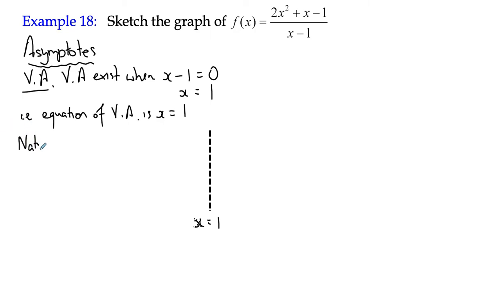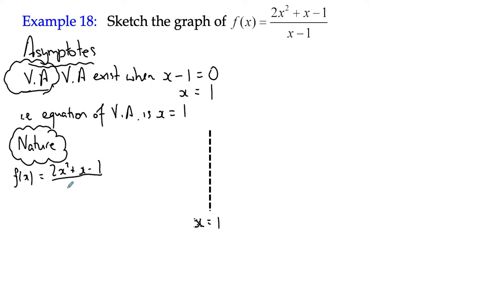Now we want to check the nature of it. What's happening just to the left and to the right of that asymptote line. So we want to think about x just when it's less than 1 and x just when it's greater than 1. So what we want to do is to check this original function here. So f of x is 2x squared plus x minus 1 over x minus 1.